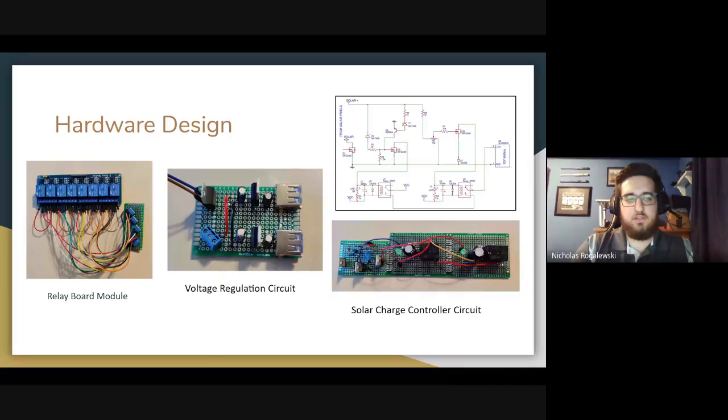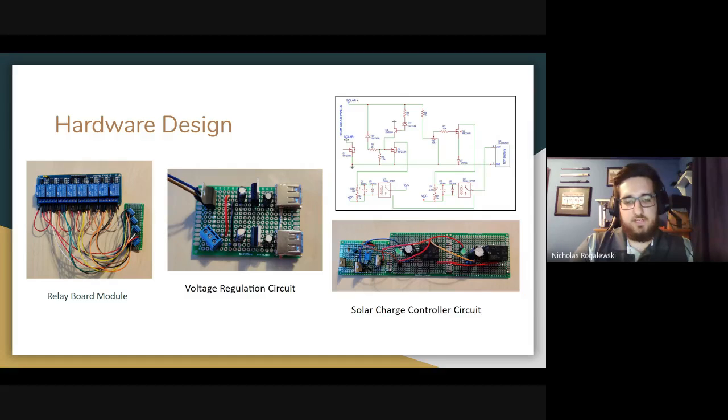Okay, so this is just some of the components for the hardware, the major components being the relay board module, the voltage regulation circuit, and the solar charge controller. The relay board is what actually communicates between the Raspberry Pi and the linear actuators, connected via the trigger pins of the relay board, so the Raspberry Pi can send the instruction to the trigger pins.